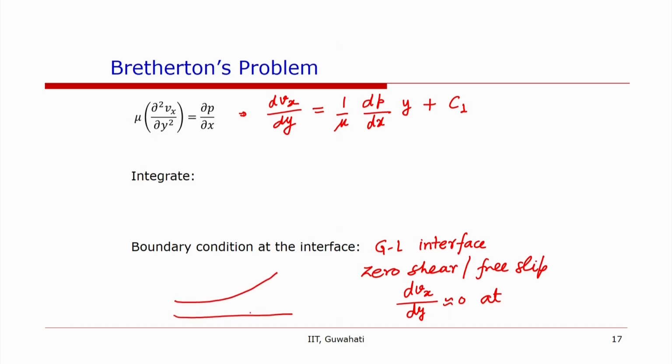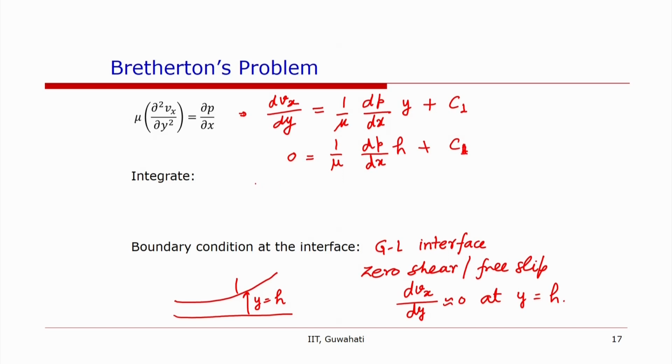The interface is at y is equal to h. At y is equal to h, we will have dVx over dy equal to 0, which is 1 over mu dp over dx h plus C1.